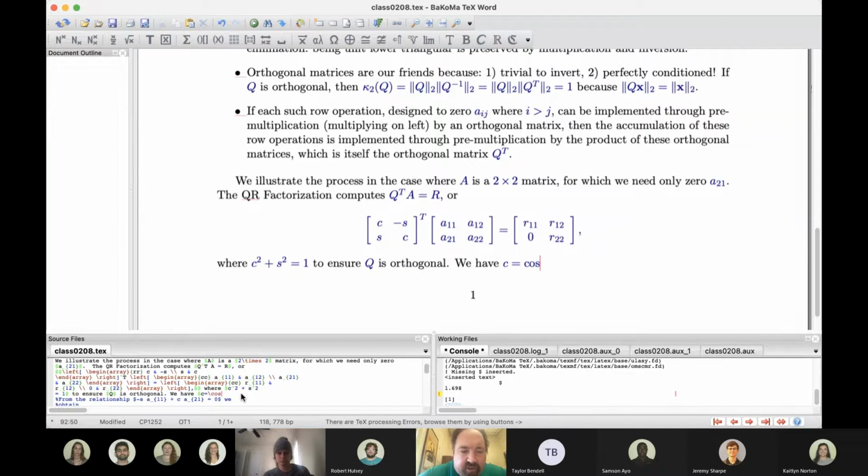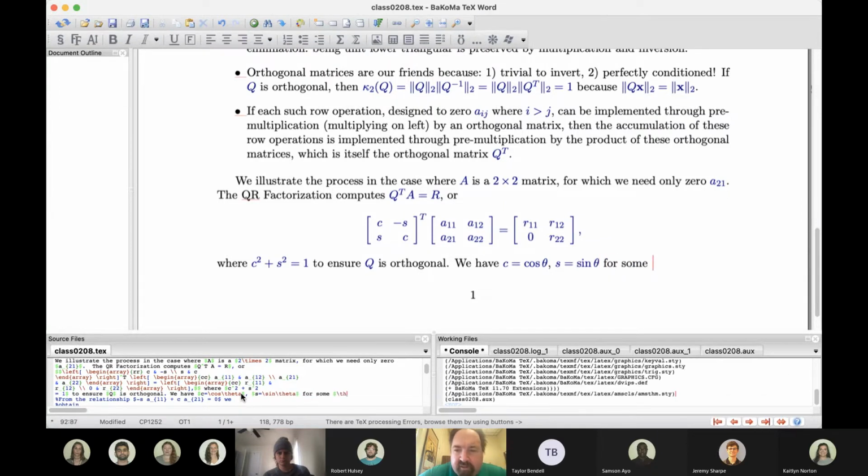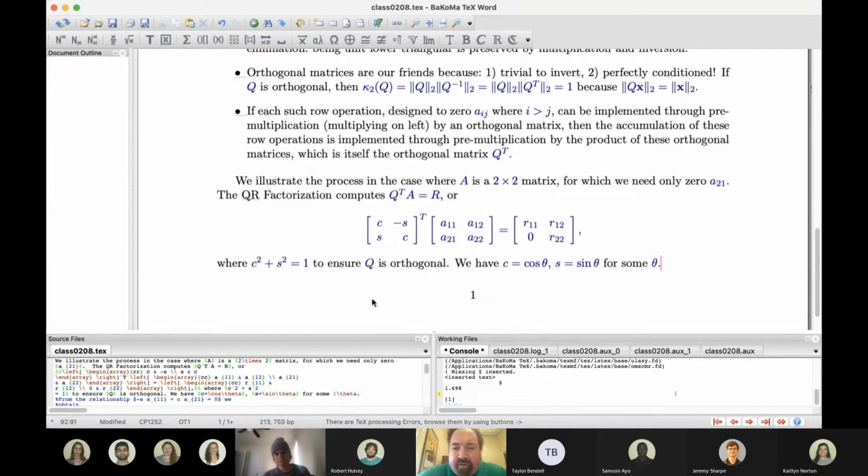C is equal to cosine theta. S is equal to sine theta. Right now, we don't really care so much what theta actually is, as long as we get this entry to be zeroed. But by saying C is a cosine, S is a sine, then we have cosine squared plus sine squared equals 1, the only trig identity that we can pretty much count on most students to remember.